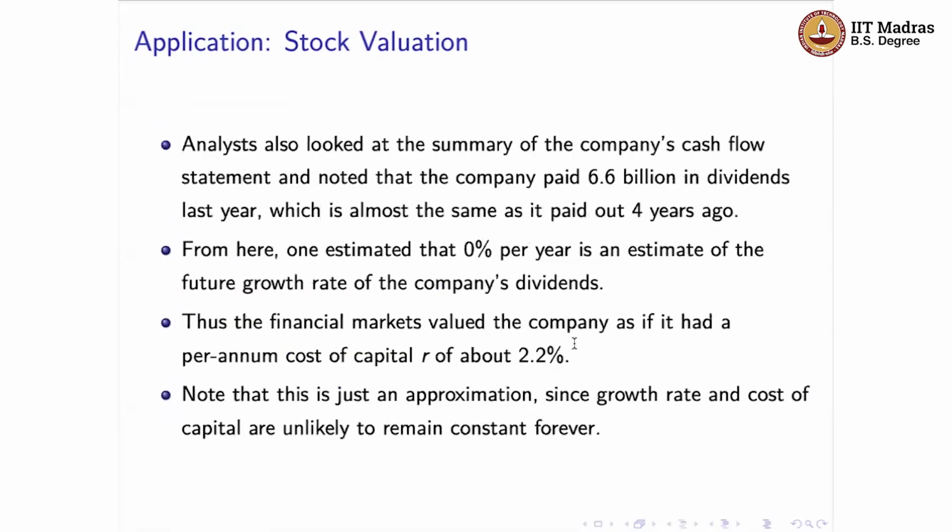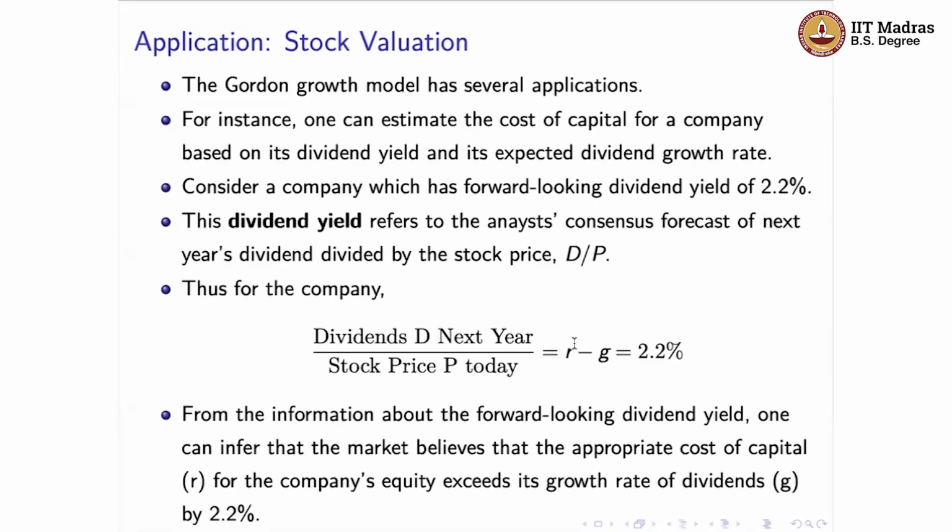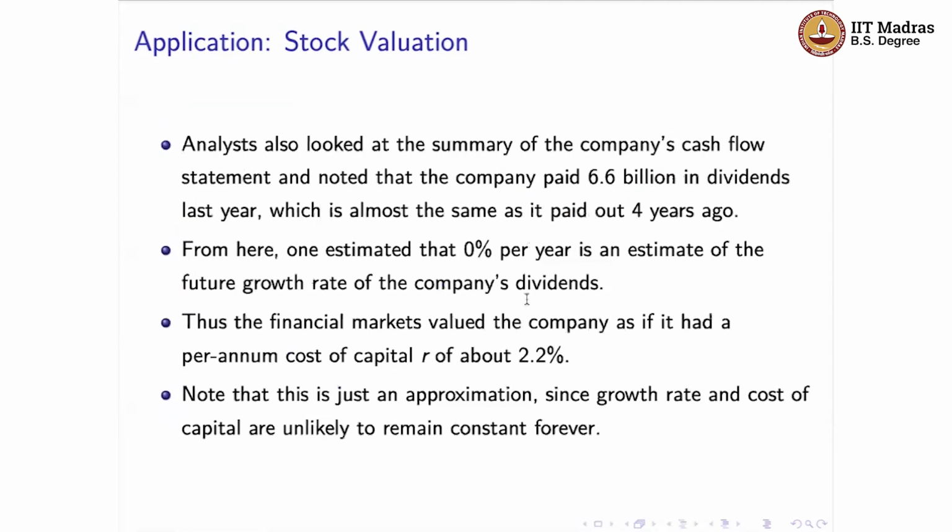So again, these are very quick approximations, but the idea is that given whatever is observed, here we used the data on forward-looking dividend yield, which is information available if you go into finance websites for different companies, and we used information about the dividends that have been paid, implicitly assuming that this trend is going to continue in the future as well, to come up with a rough estimate of the implied per annum cost of capital, right?